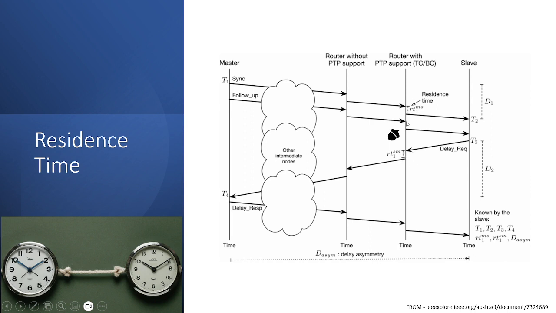But the switches that are not aware of PTP are not able to. If there are delays in these, just like a boundary clock or transparent clock was able to use that, a regular switch is not able to. And so these errors, which are the time that is spent within any switch, or storage time or buffering time that is happening inside a non-PTP switch, can introduce an asymmetry.